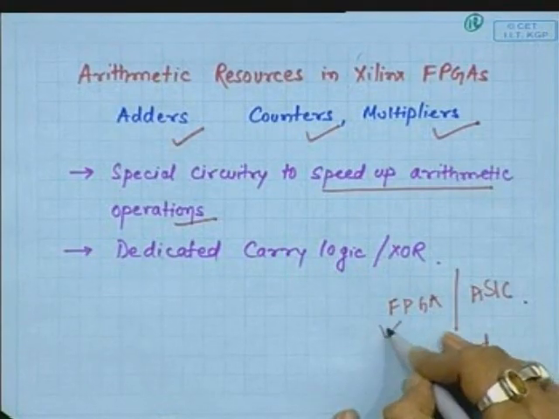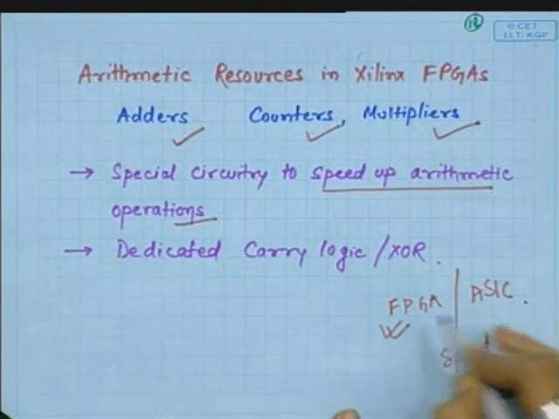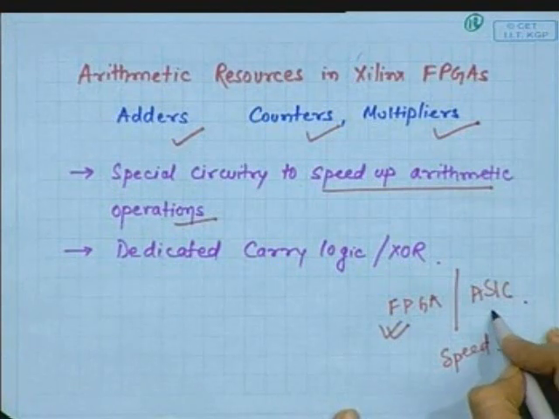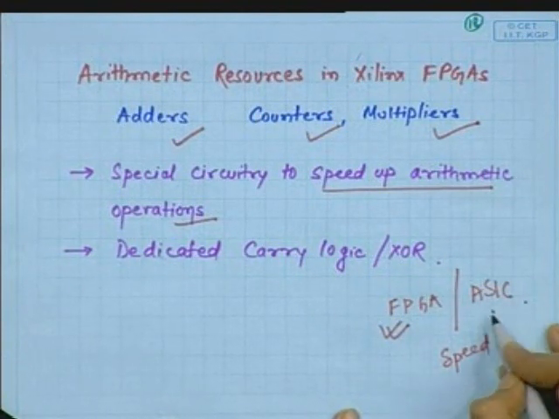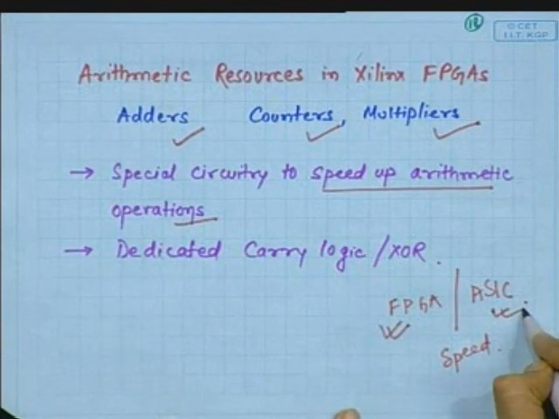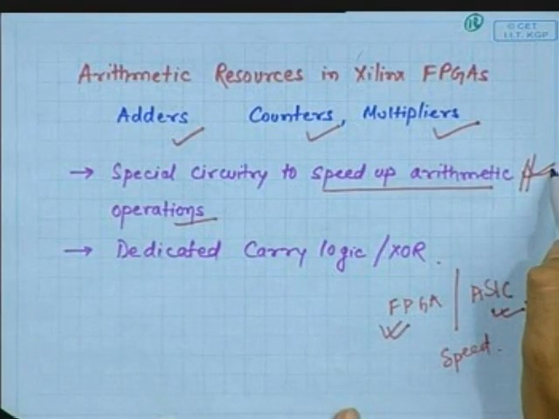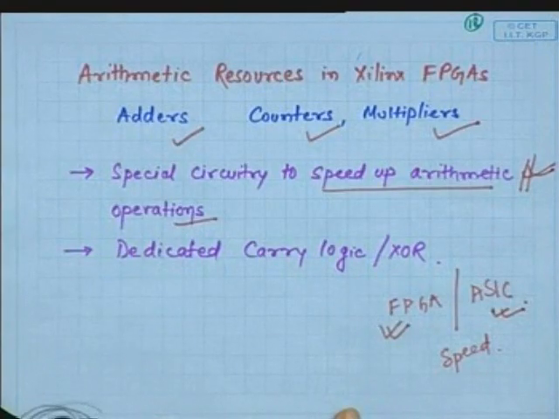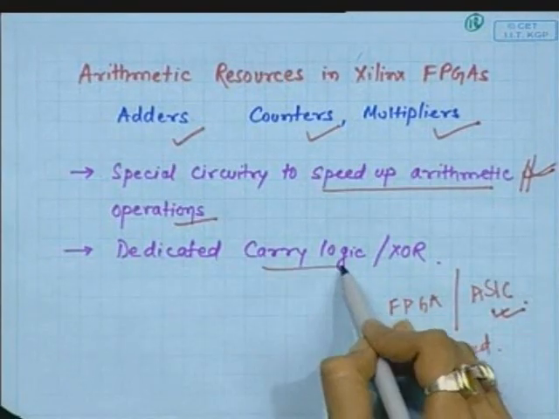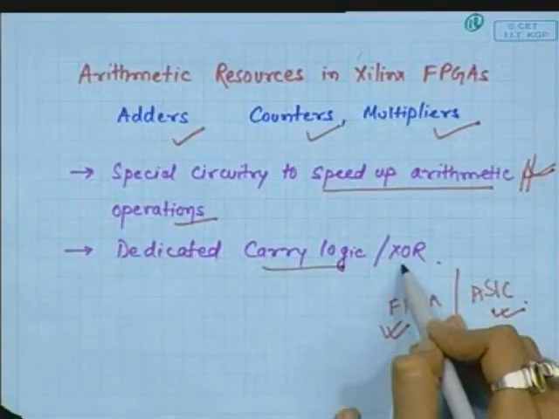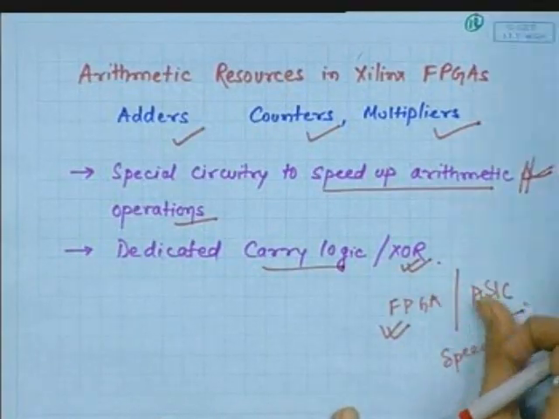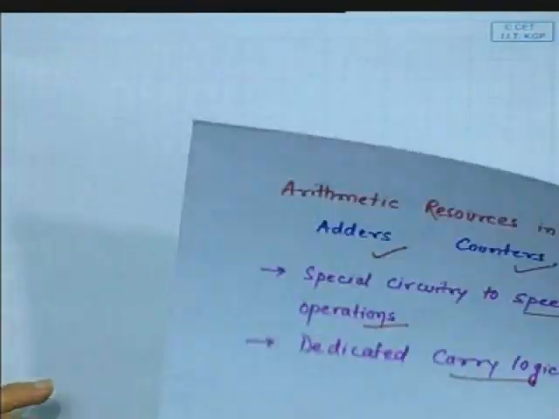So FPGA has to reach not fully, but some portion of the speed achieved by the ASICs. So these are all the intelligence that FPGAs nowadays have to speed up the functionality. Now, we see that there are some dedicated carry logic and XOR to implement the addition.